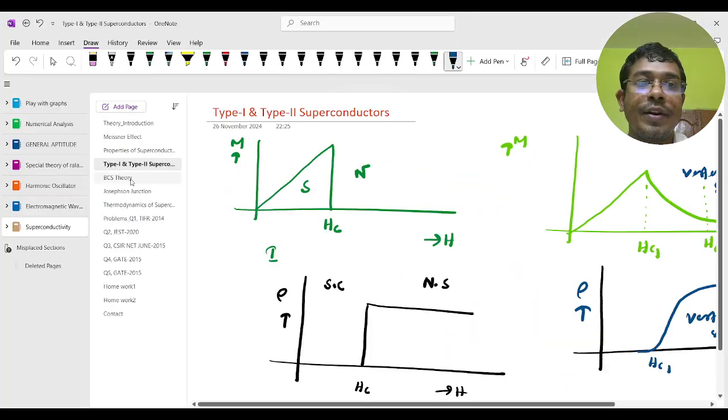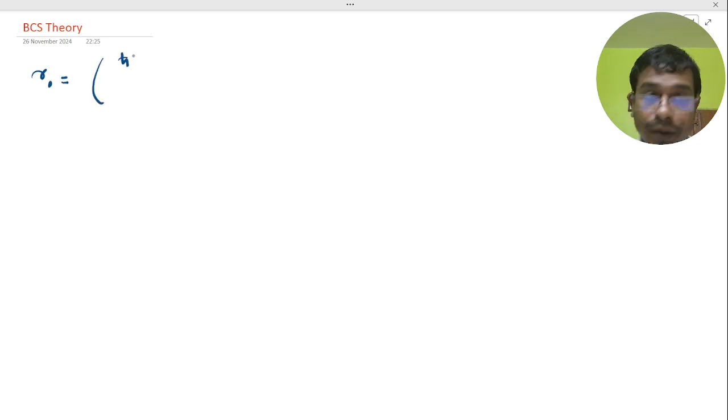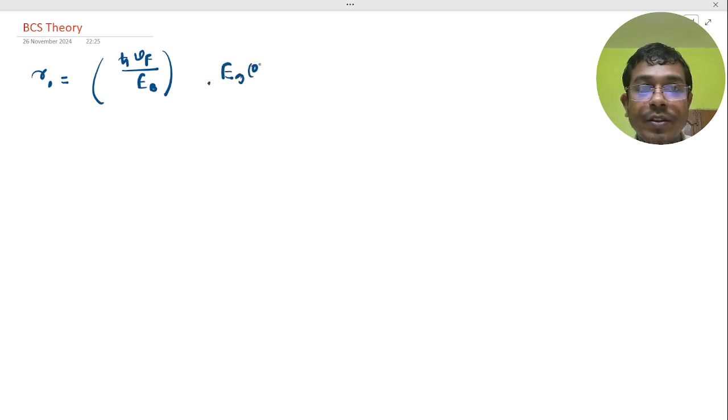And go through our next topic here, the BCS theory, that basically electron pairs in a superconductor are bosons, and its radius would become like that, R naught is equal to h cross VF divided by Eg, where the energy gap Eg of a superconductor at 0 Kelvin is given by the formula Eg at 0 Kelvin equals 3.53 kB Tc.